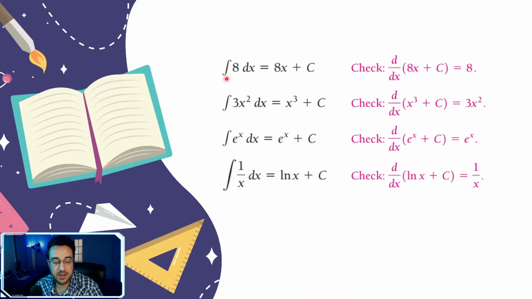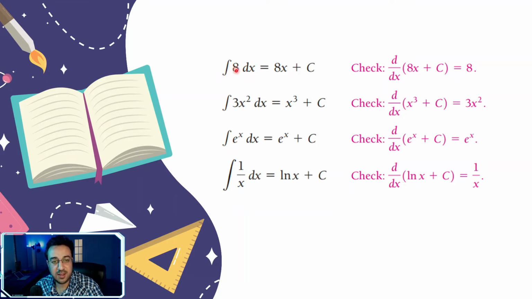Now we have the indefinite integration, in this case, of 8 dx. What is the integration of 8? You will have a table of integration rules in a second and you'll be able to solve these. So for 8, you can ask yourself, if 8 is a derivative, what was it before derivation?